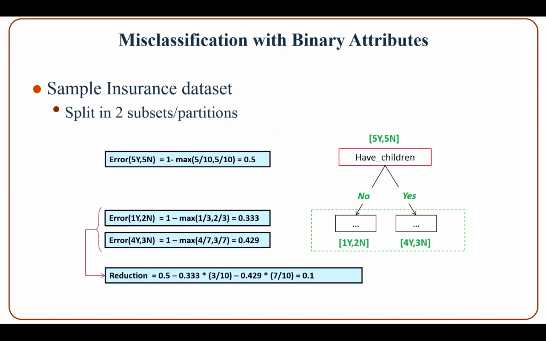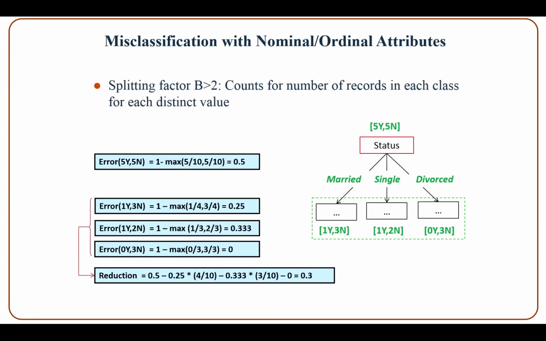The next 6 slides show the same example as with Gini index and information gain. Misclassification before split and after split are calculated, and from there you get a reduction in impurity or in misclassification error. Misclassification error with nominal and ordinal attributes.